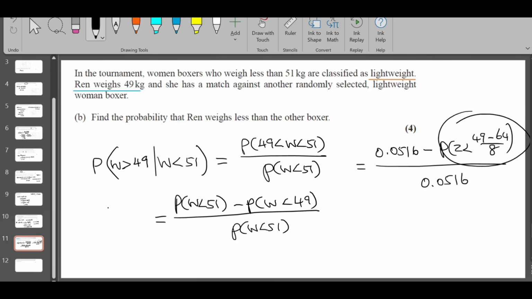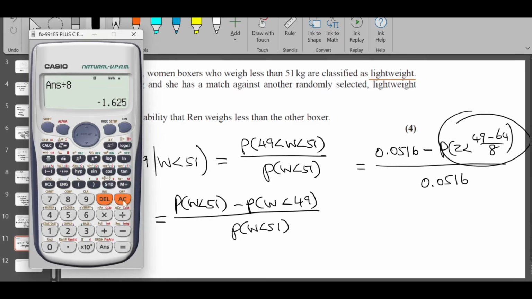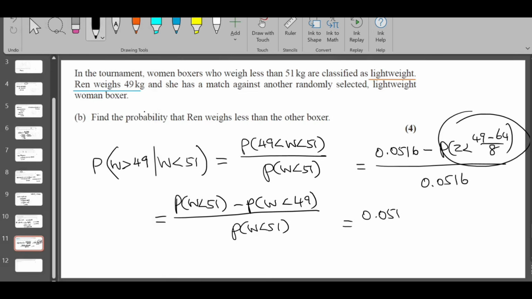Let's calculate this actually. 49 minus 64 over 8 is minus 1.875. When I round it to two decimal places, it's basically 0.0516 minus P of Z is less than minus 1.88 divided by 0.0516.